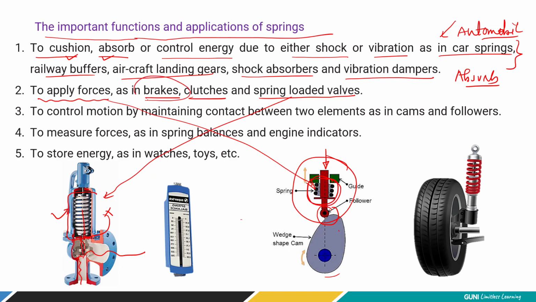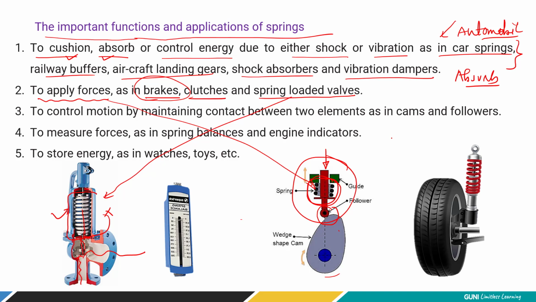So again, the brake also has a spring as explained earlier, right? Without a spring, you cannot apply a force. Otherwise, what will happen if you remove the spring? It is a kind of dead assembly where you can apply the force, but it cannot come back, right? Brake is an action. You cannot keep it in engaged condition all the time.